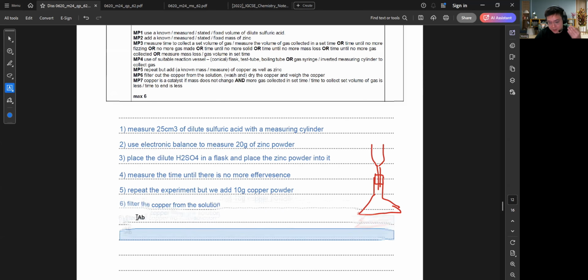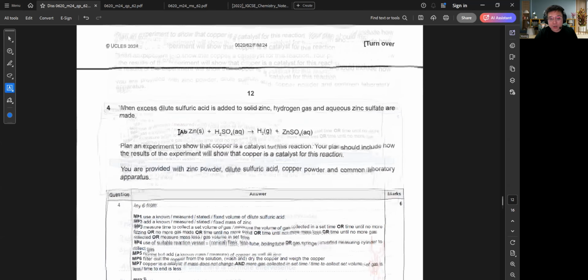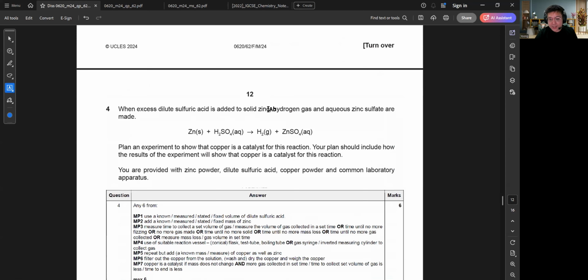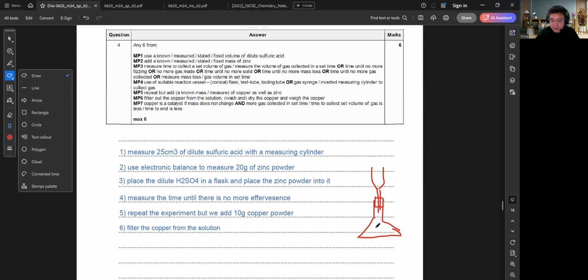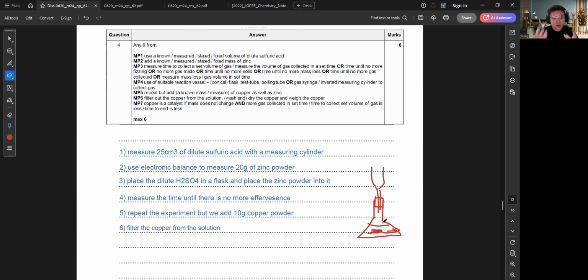Okay, so we are still assuming that our solid zinc is the limiting reactant. That means it fully reacts, 100%. How do we know that? Because our experiment, if following what we typed here, is until there's no more effervescence. So as long as there's still liquid inside here, there's still extra acid, but there's no more effervescence, it means that the reaction has fully taken place.